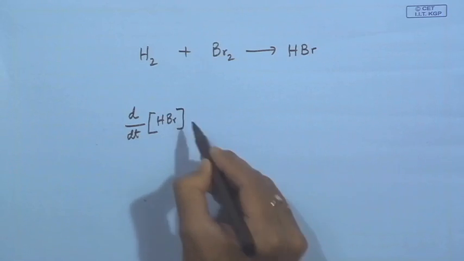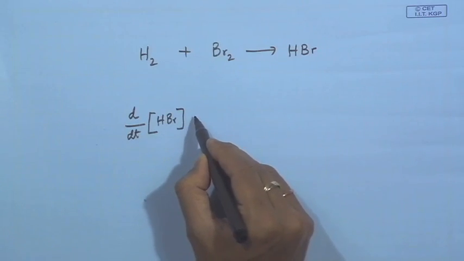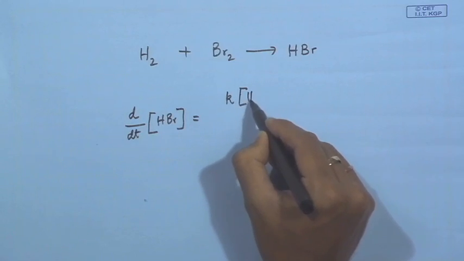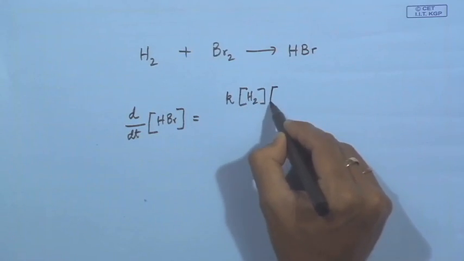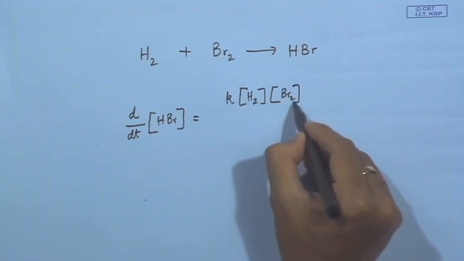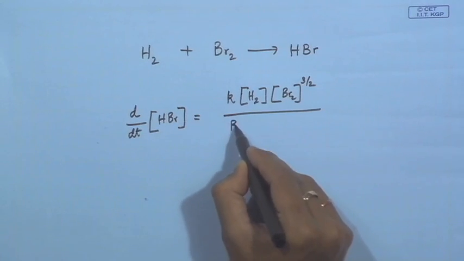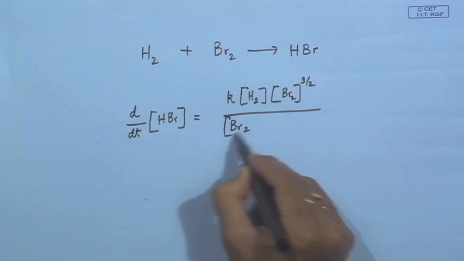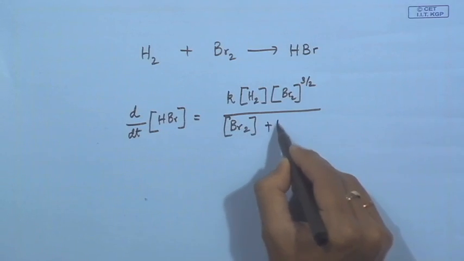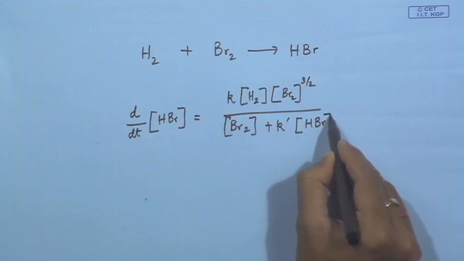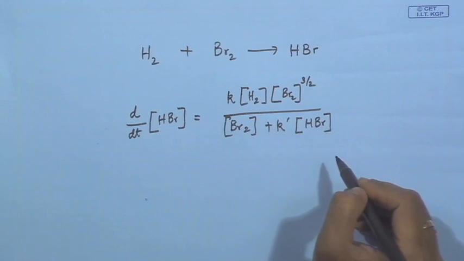So, d[HBr]/dt, the rate of production of HBr, is equal to some constant k times [H2][Br2]^(3/2) divided by [Br2] plus another constant k' times [HBr]. Okay.